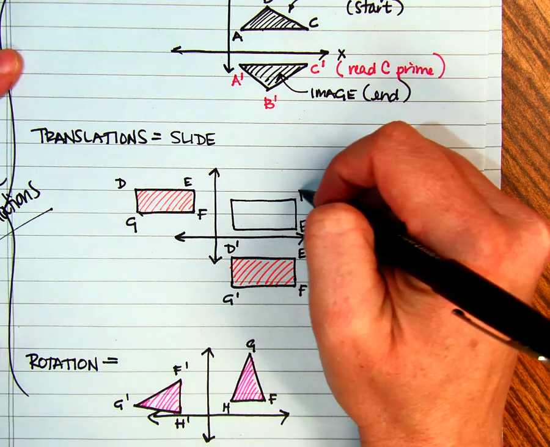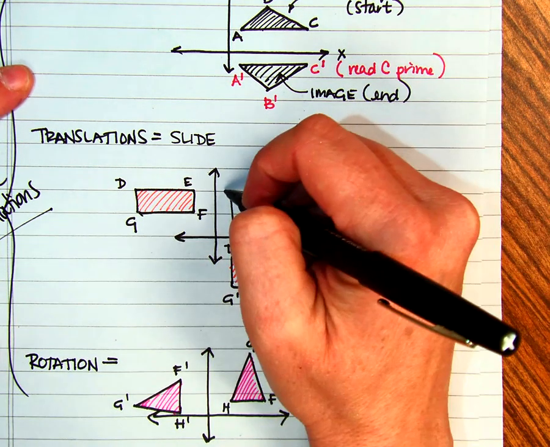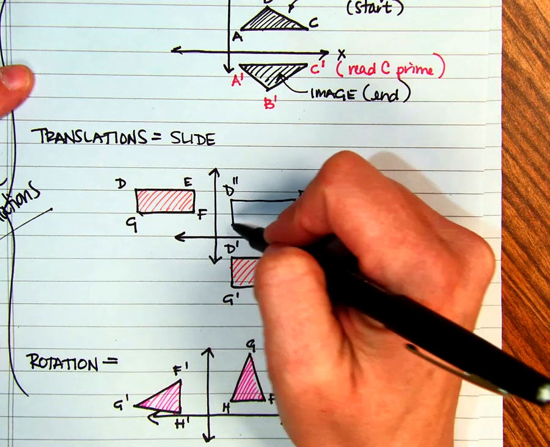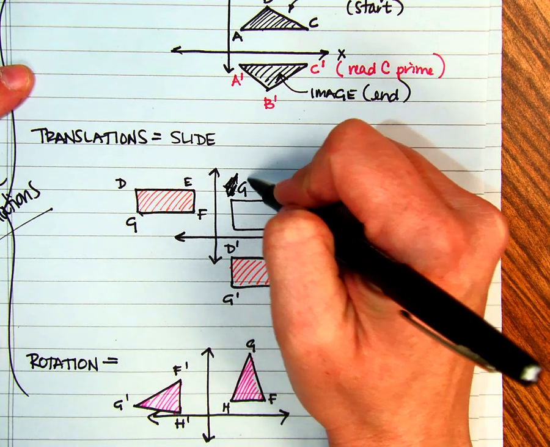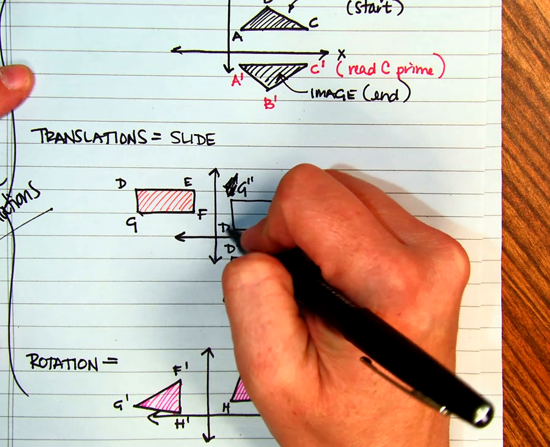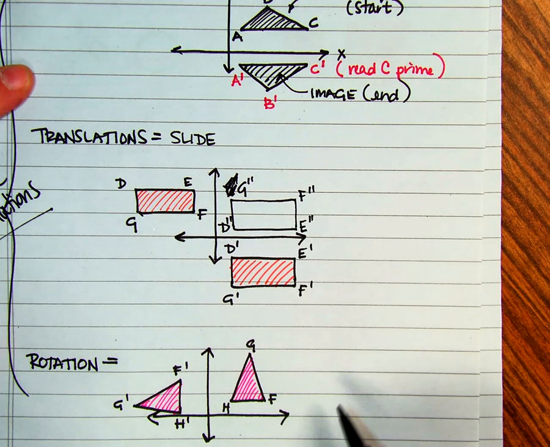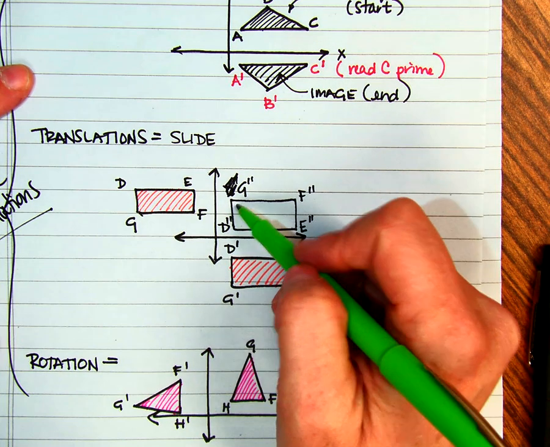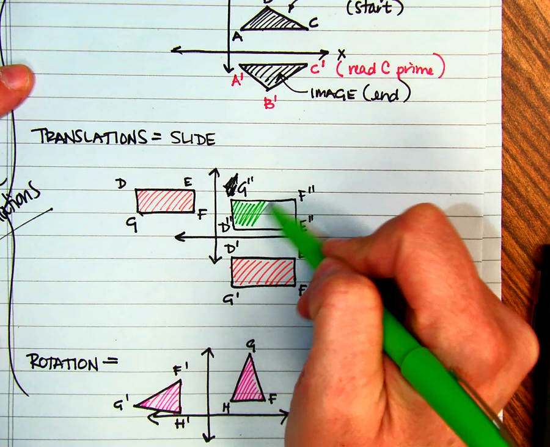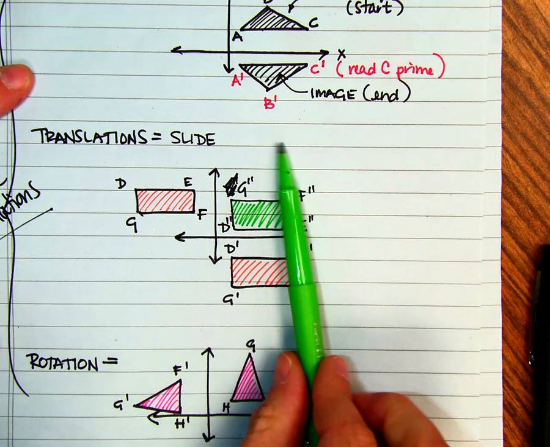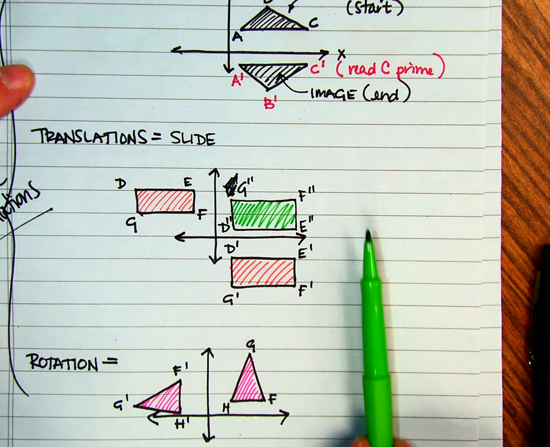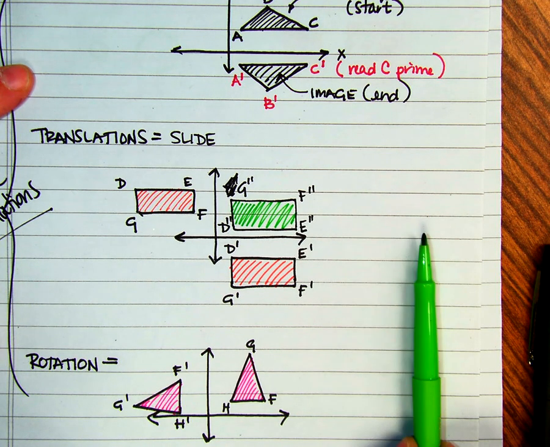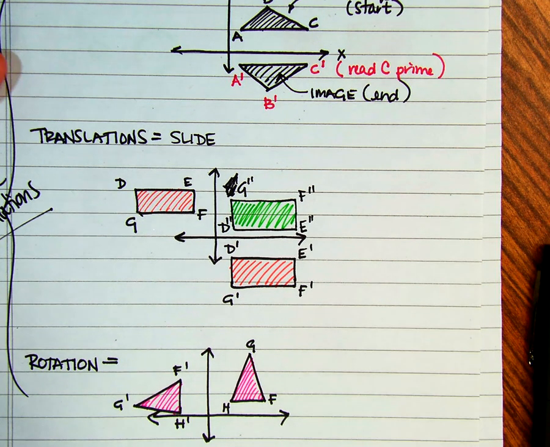This would be F prime prime, D prime prime, and oopsie, this would be G prime prime, and this would be D prime prime. So what do you think would happen if I reflected this again, maybe over here? I would have D prime prime prime, E prime prime prime, etc. Okay, so you need to understand the preimage versus the image.